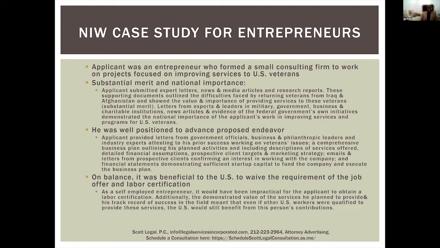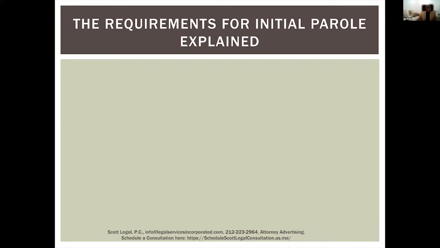All of those things go a long way to show that the person's well positioned to advance the endeavor, and that's really what the government is looking for. And then I've talked about already the on balance, that it's beneficial to waive the requirement. So we talked about that already.